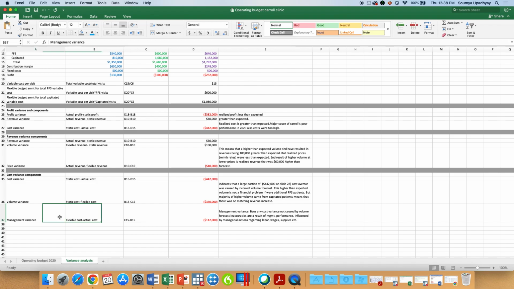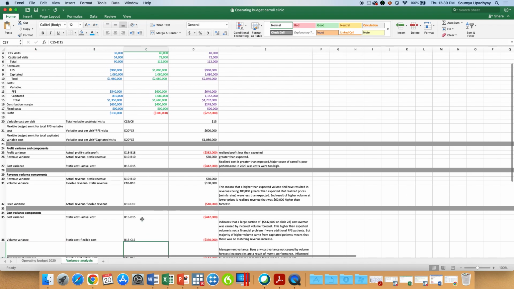The last one is management variance, which is flexible cost minus actual cost. Management variance is basically reflective of management negligence, management actions, and any wrong management decisions. And this is exactly where your role comes in, making informed decisions and properly forecasting. That is a difference of C15 and D15.